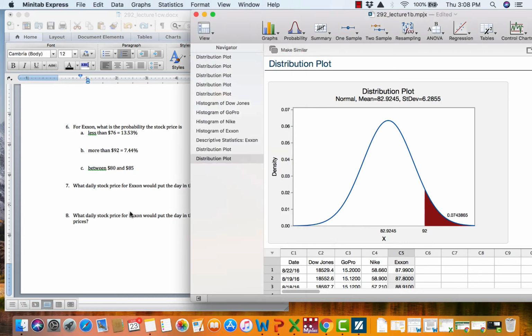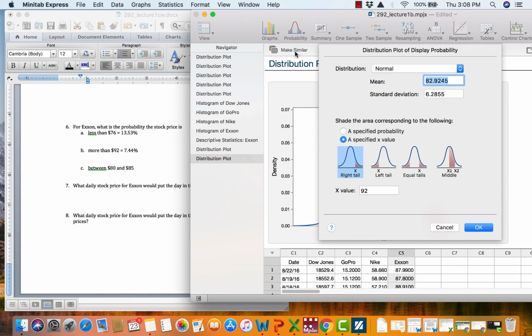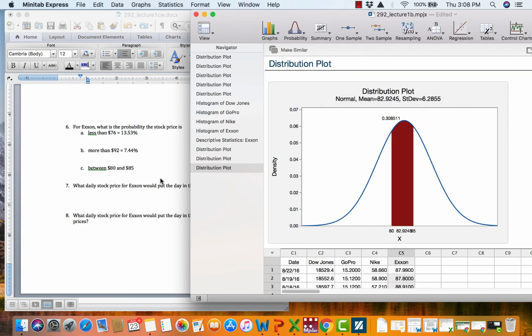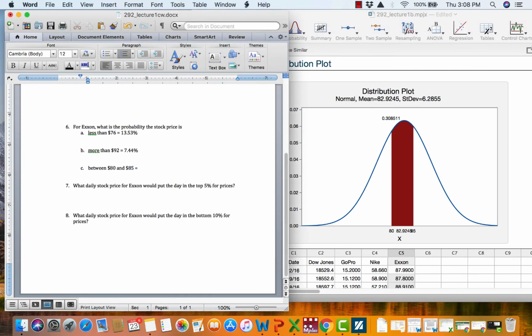And then lastly, we're interested in between $80 and $85, so we do make similar again, choosing middle and typing in 80 and then 85. And we get this probability is 30.85%.